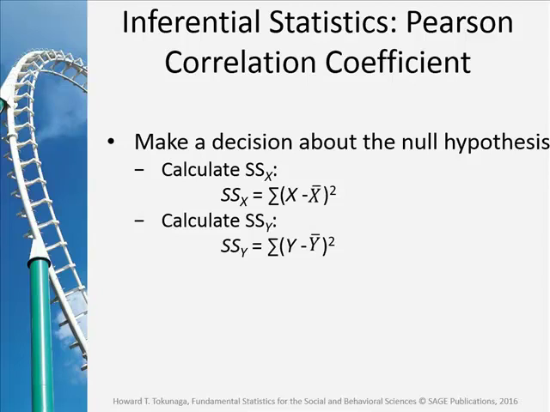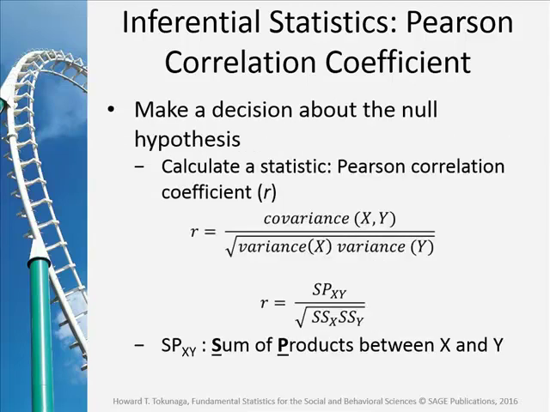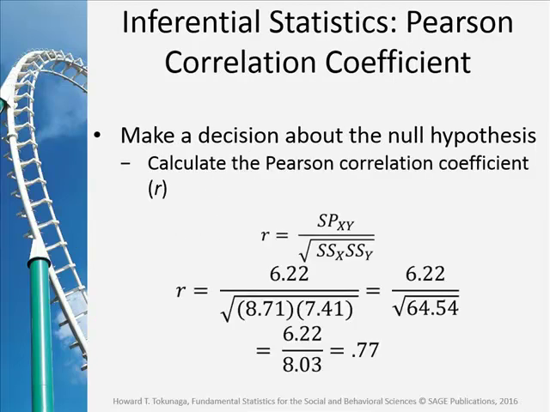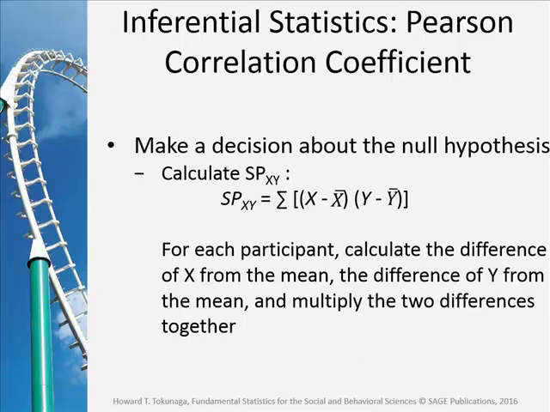That's the total amount of variation in our X variable. We do the same thing for our Y variable. The other one is the sum of the products of X and Y. And this is where we're taking the difference of both combined at the same time.